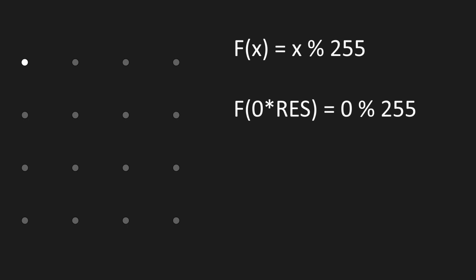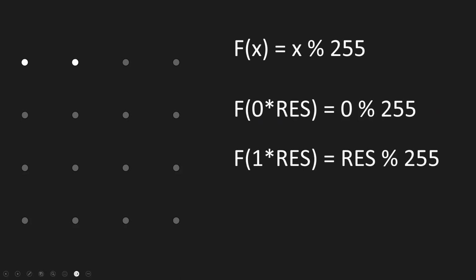Okay, so now that we have that out of the way, let's see how the process works. Let's pick the first point. The value in x is 0 times res, which is 0. 0 modulo 255 returns 0. In the second example, we have the second position in the columns, which corresponds to the coordinate 1 times res. And depending on what the value of res is, it may be that res modulo 255 returns the identity res, or it returns a rescaled value relative to the modulo 255.